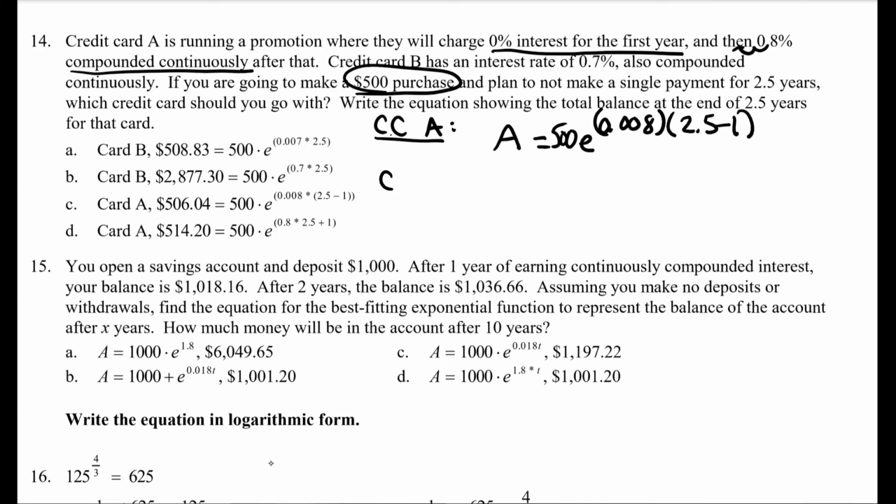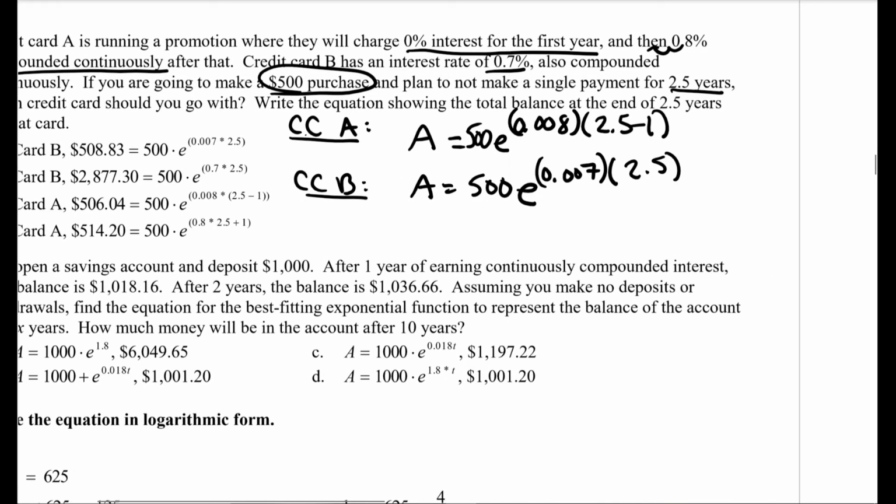Now for credit card B, we still purchased $500, the purchase price. And the rate is now 0.7%, so 0.007. And credit card B does not have a promotion where you don't pay for the first year. So therefore we have to pay extra interest over the entire length of time, 2.5 years.